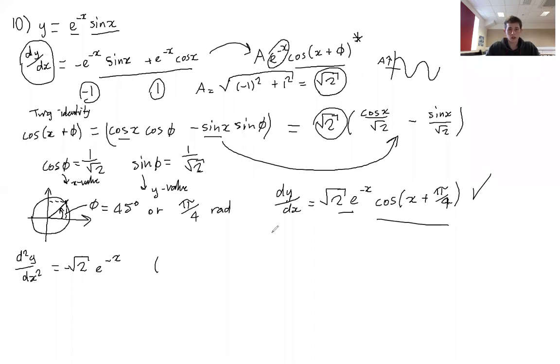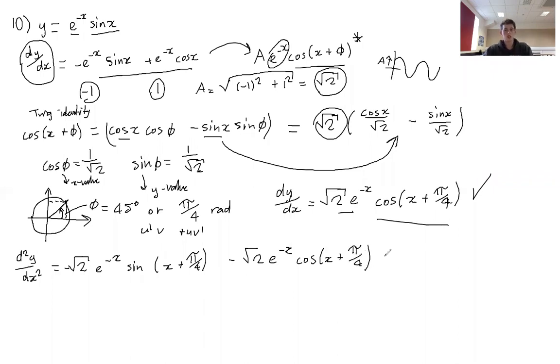We have a negative out the front because cosine goes to negative sine, so we have sine here. Instead of u dash v plus uv dash, I'm writing this here as uv dash, and then if we do u dash v, that's just going to be minus root 2 e to the negative x cosine x plus pi on 4.